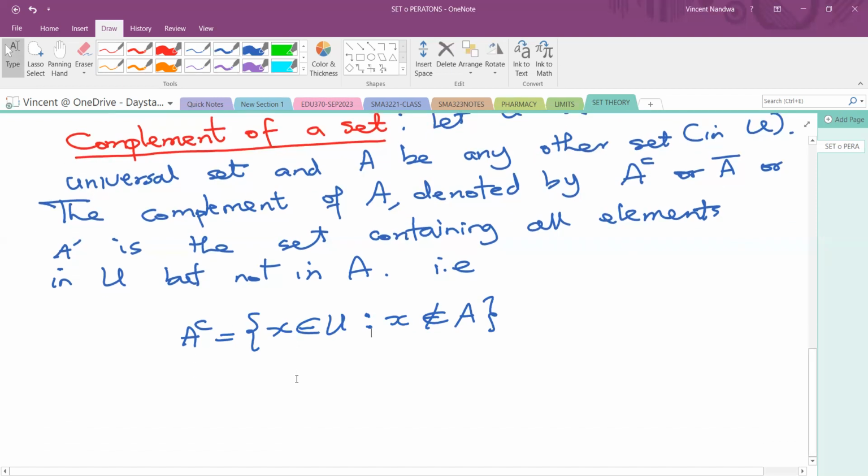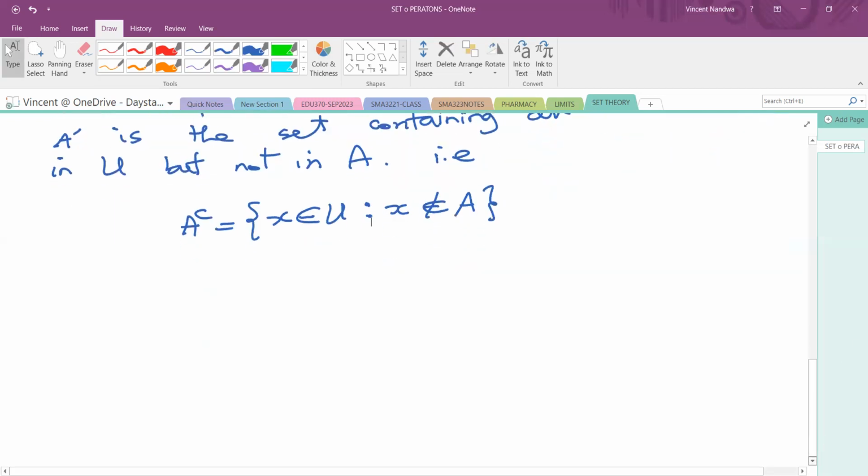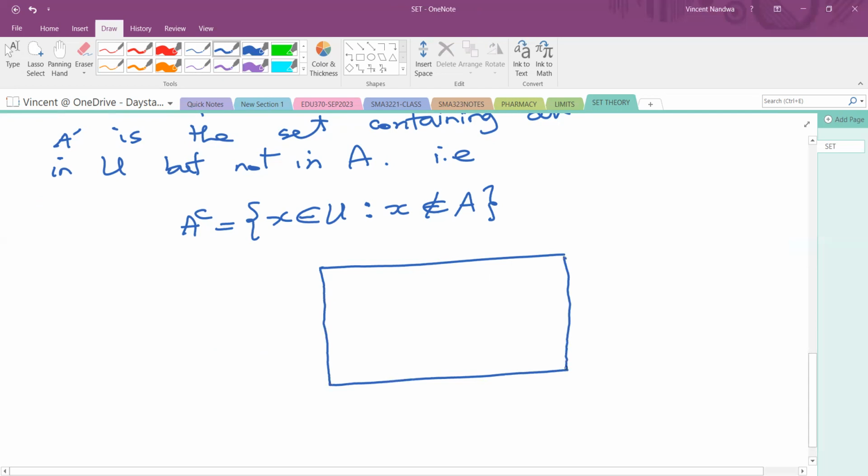We can draw a Venn diagram to illustrate this concept clearly. So this is our universal set.